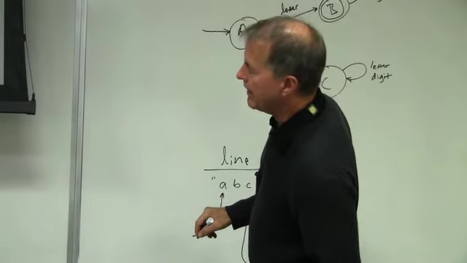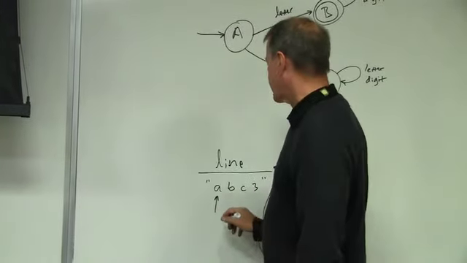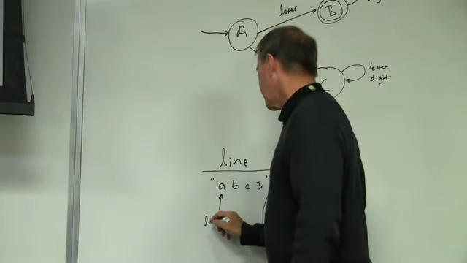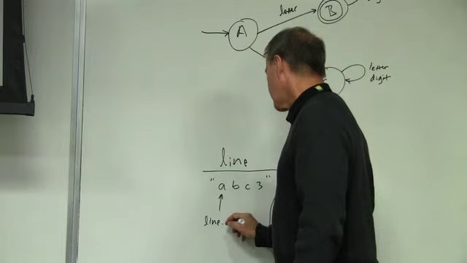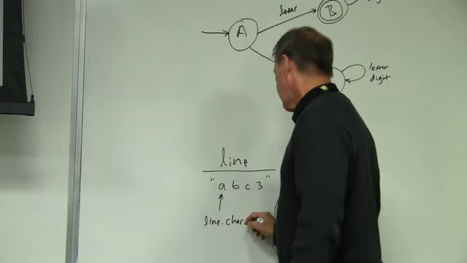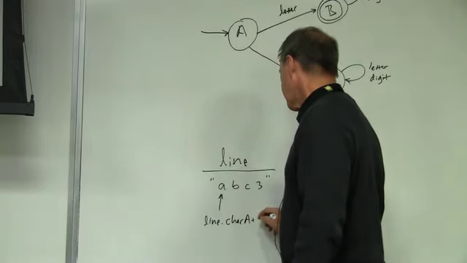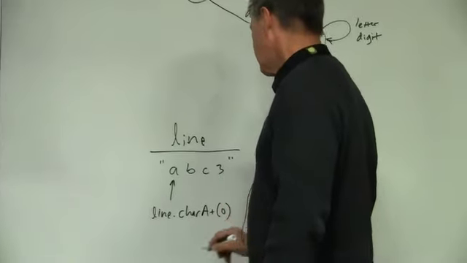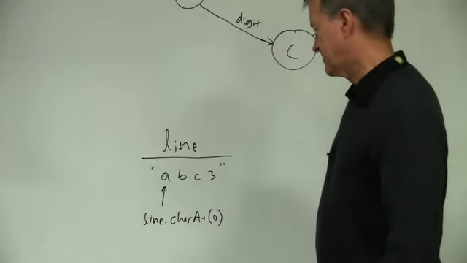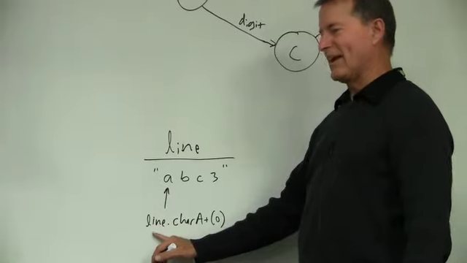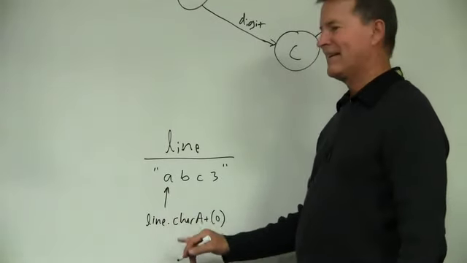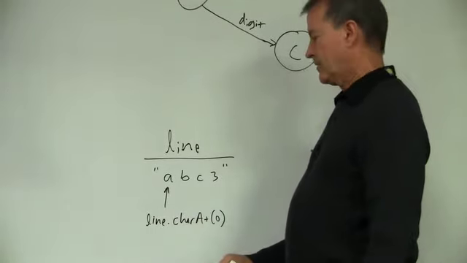It's line dot charAt 0. I get why it would be that, I just didn't see that on here.